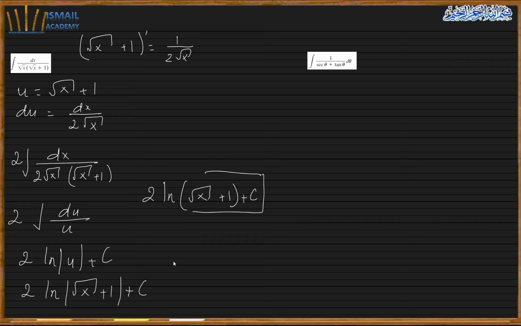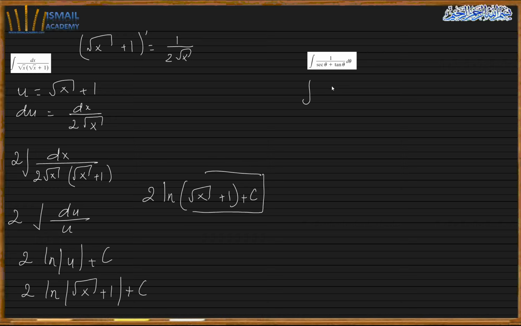For the next question, if I multiply by the conjugate, I will have secant square minus tangent square, and I believe let's do this with that idea.